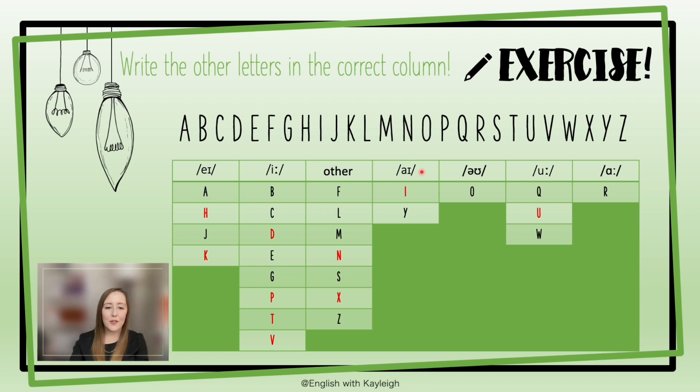Let's go to this one first. The I. So we had Y, and the missing one was, of course, I. Good. Well done. And let's look at this one here. So we have Q, U sound. So of course we have U, which is missing, and W. Good, well done.